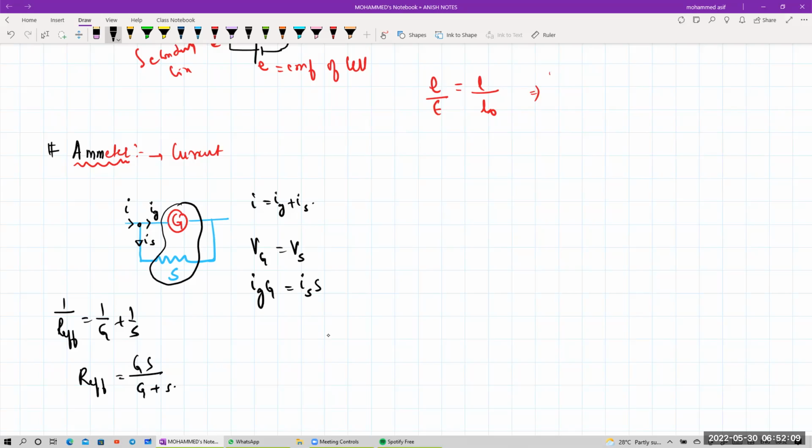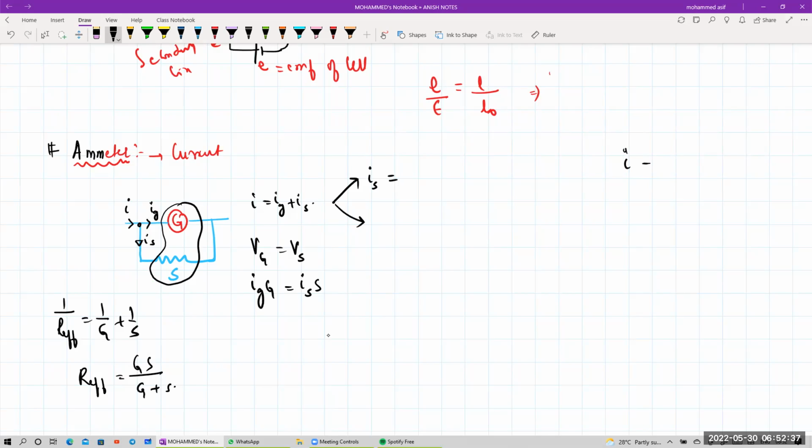Now if I need the value of Ig, from this one, can I get the value of Is? From this equation, I is equal to Ig plus Is.